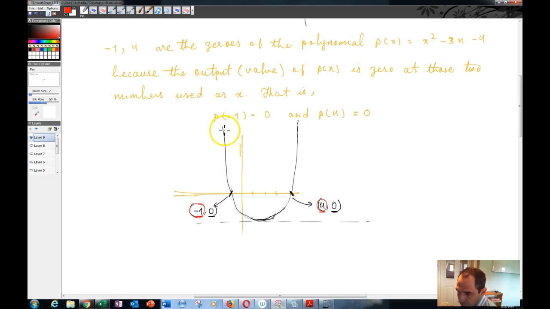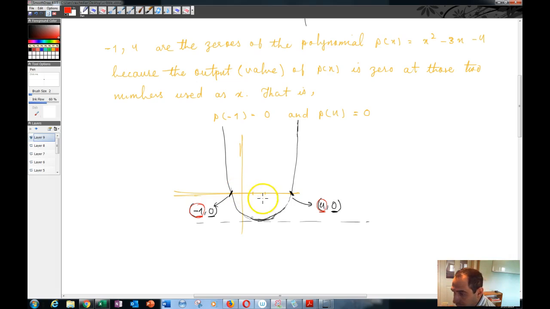Otherwise, if you take a look at the whole graph of this function, at any other x value, your output value is either a positive value or a negative value, and only at these 2 points is the output of the function equal to 0.